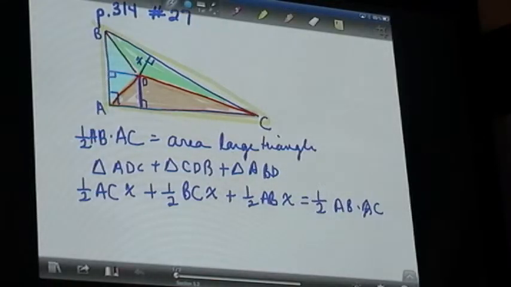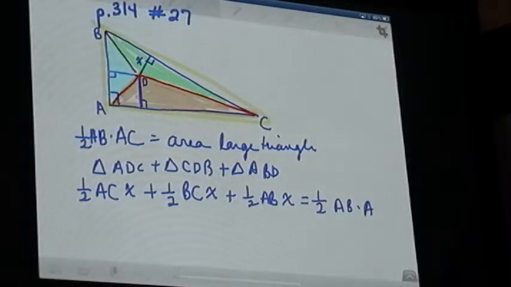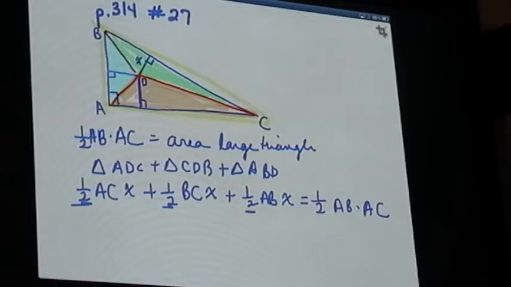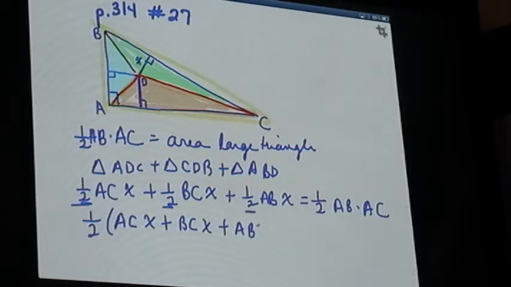All right, now we can factor out our 1/2. Let me clean that up just a little bit. The A over there came out garbled. Okay, I'll write it again. AC. All right, we can factor out the 1/2 on this side because we have three values that we're adding together. So we're going to factor out our 1/2, and we're going to get AC times x plus BC times x plus AB times x.